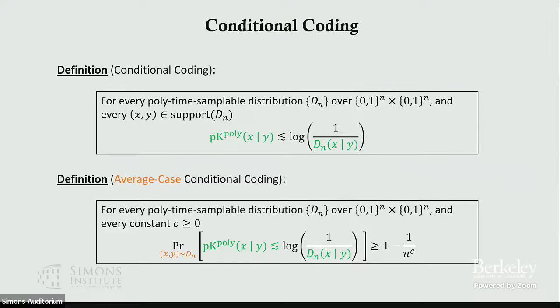So we cannot apply the original coding theorem to this conditional distribution, because the original coding theorem only works for polynomial time sampleable distributions.